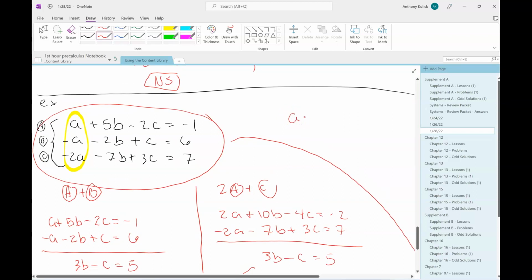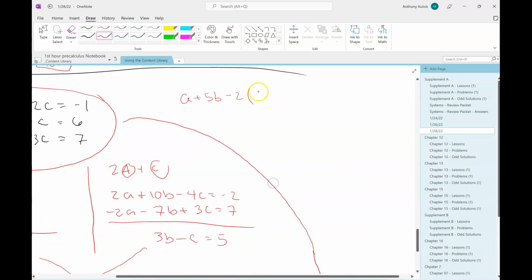Yeah. And we said that C was 3b minus 5. So now I'm just going to get the a by itself.